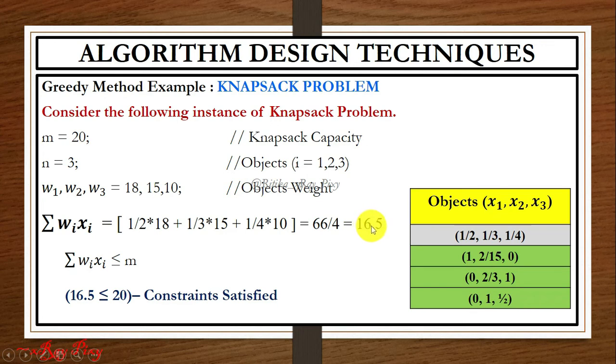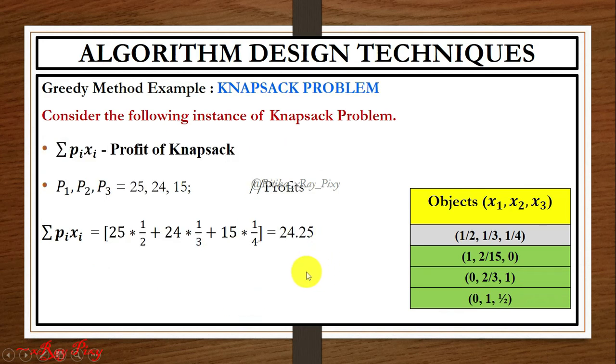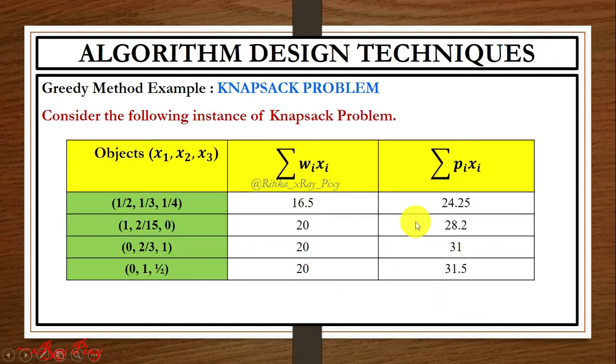Now we will check the knapsack capacity. As you can see, this value is less than 20, so this constraint is satisfied. Now we can calculate the profit. So you can see all the values here, put the values together and we got 24.25. Like that, one by one for each set we will calculate the weight and profit, and you can see we got all the values here.